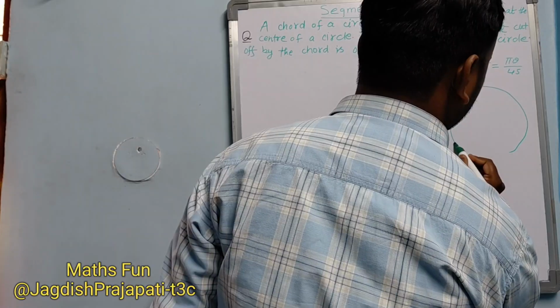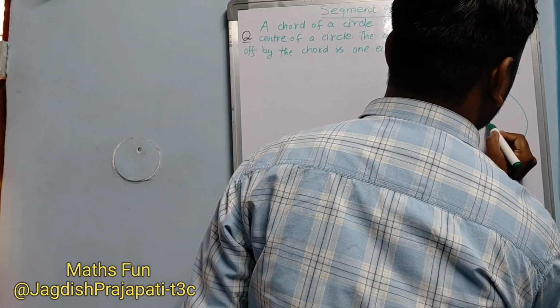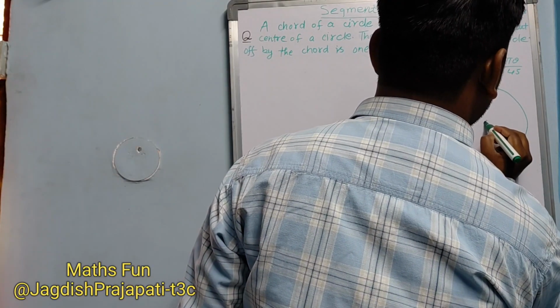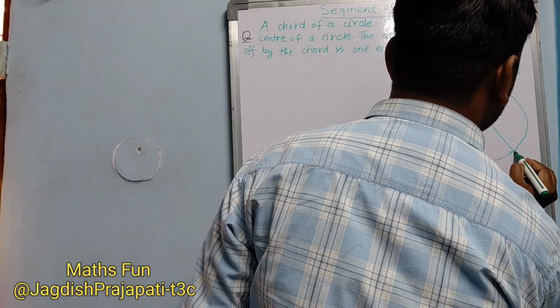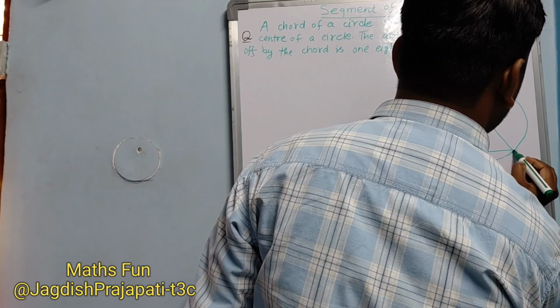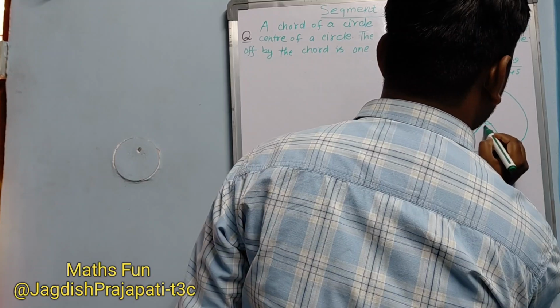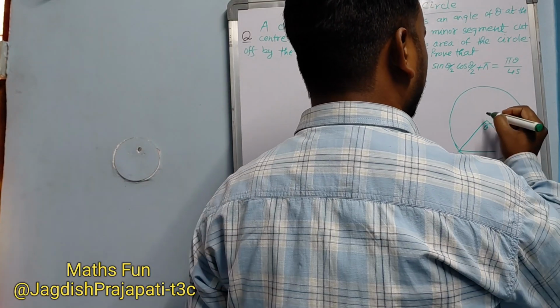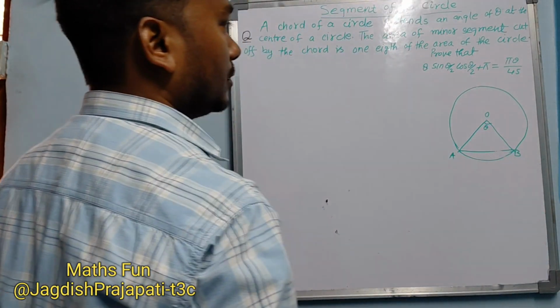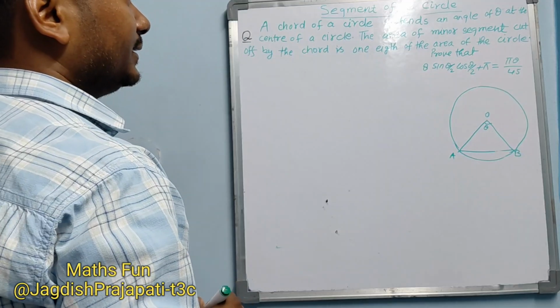Let this be a circle with center O. This is a chord AB that subtends an angle theta at the center O.